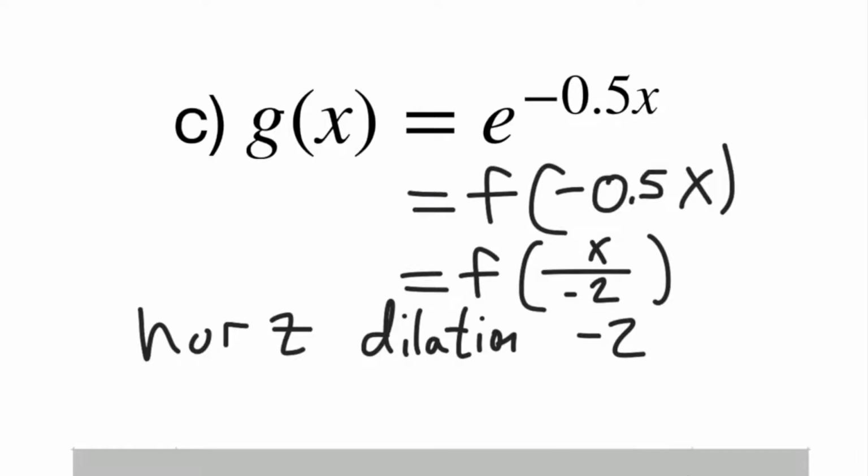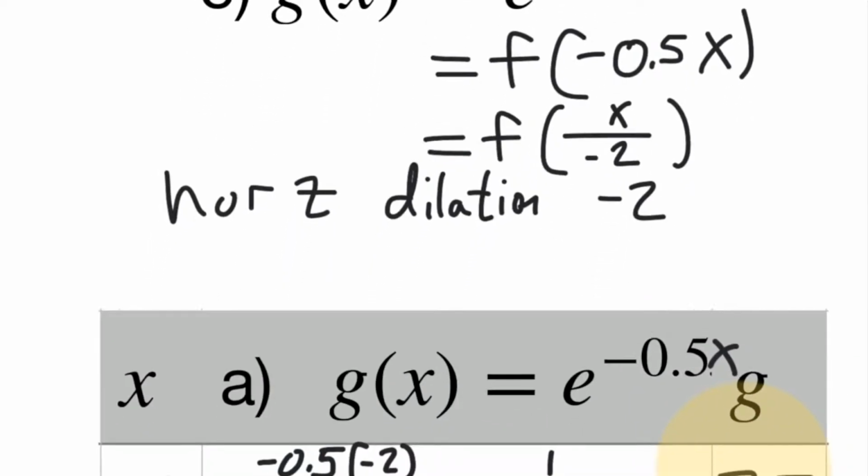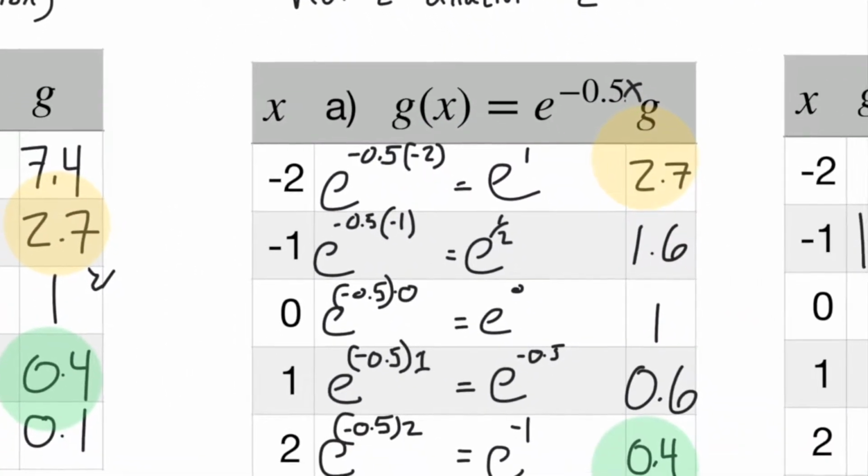To figure out graphically what that's going to do, you have to answer the question, what is x being divided by? You can rewrite this as a fraction, x divided by negative 2. It's going to be a horizontal dilation by a factor of negative 2. Not only will it be reflected over the y-axis, because it's a negative dilation, but it's also going to be stretched out by a factor of 2.